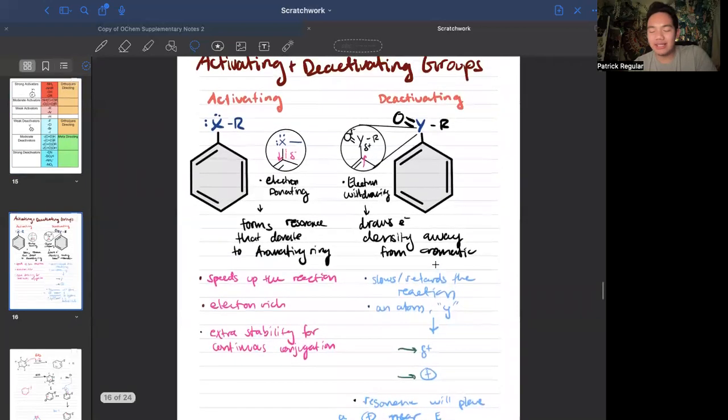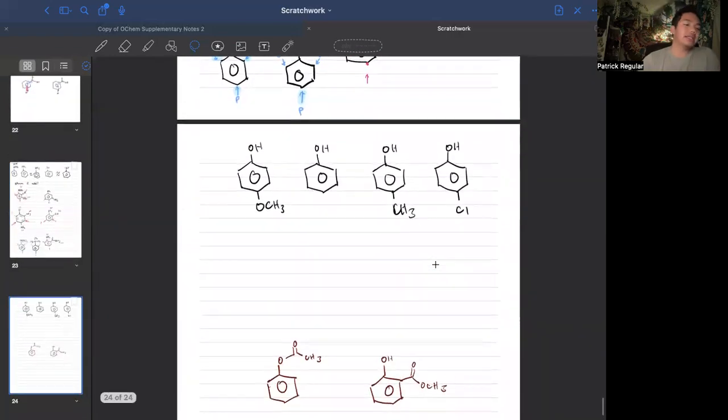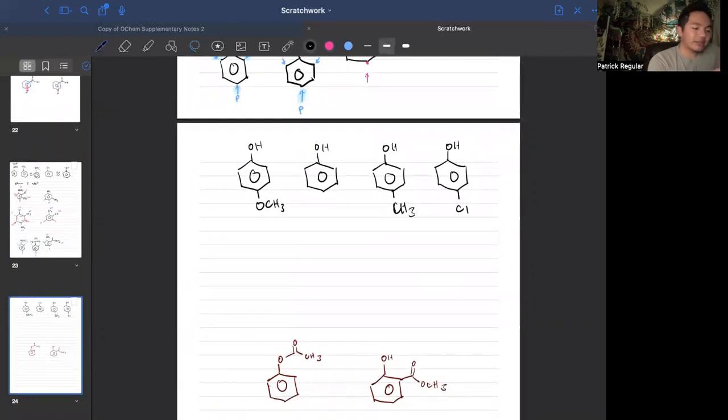The more activated it is, the faster it is, and the more deactivated it is, the slower it is. So let's use our values, because remember, the kind of like the money system where strong activators have a value of 10, moderate activators a value of 5, weak activators a value of 1. Just your normal benzene is just 0. Weak deactivators -1, moderate deactivator is -5, and then strong deactivator is -10.